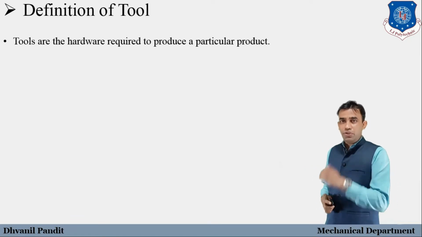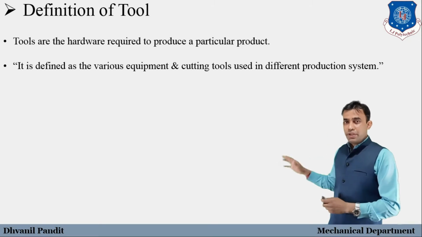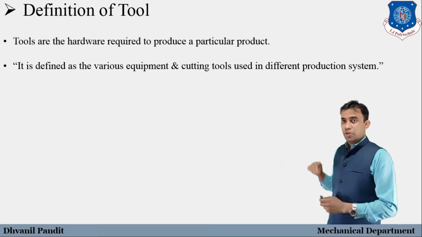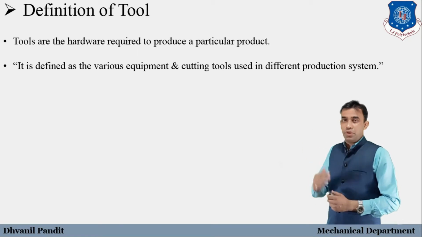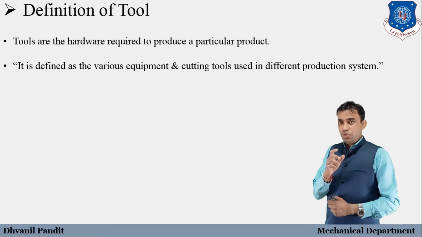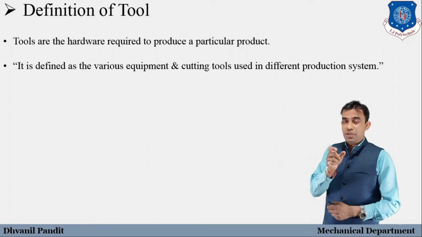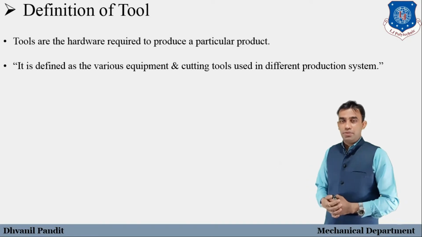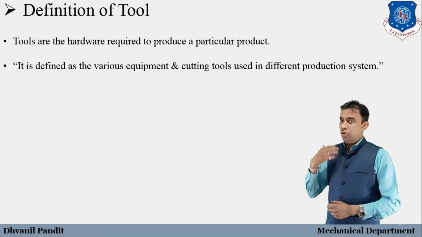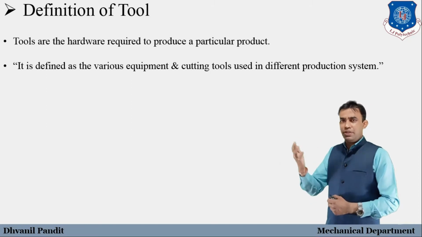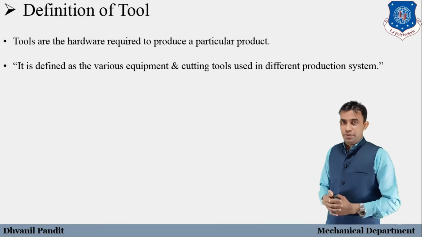If I can define tool, it is defined as the various equipments and tools used in different production systems. So tool is considered as equipment as well as specific accessories. We can say it's a machine tool, or a cutting tool. The list is quite big. Or we can define it as equipments.